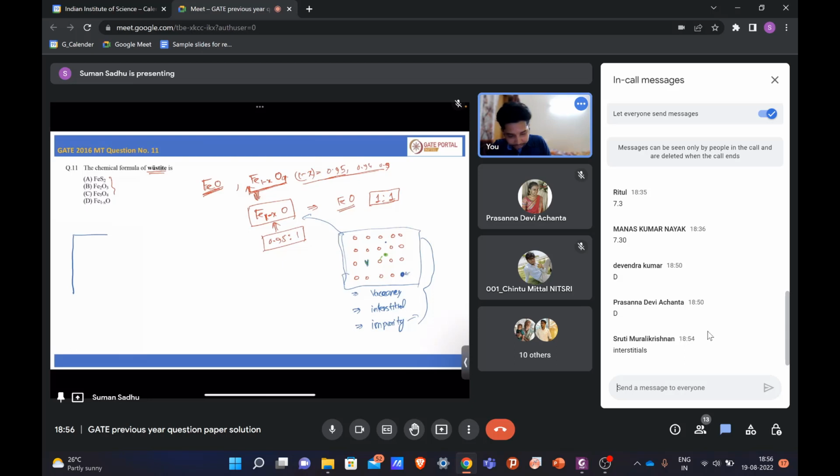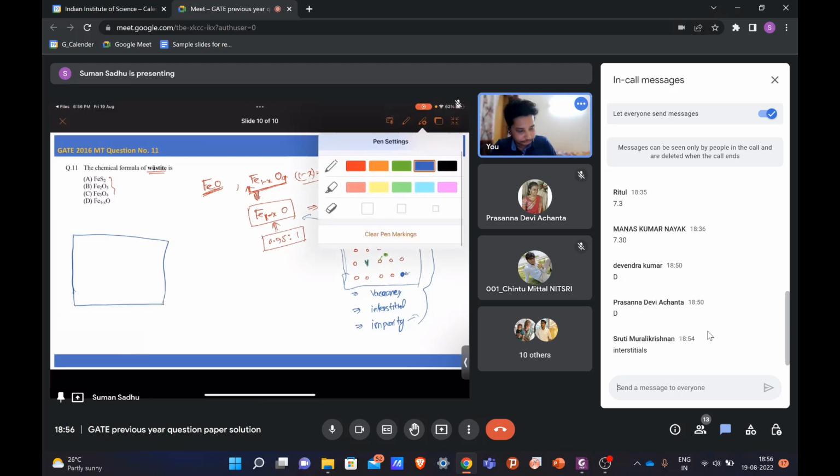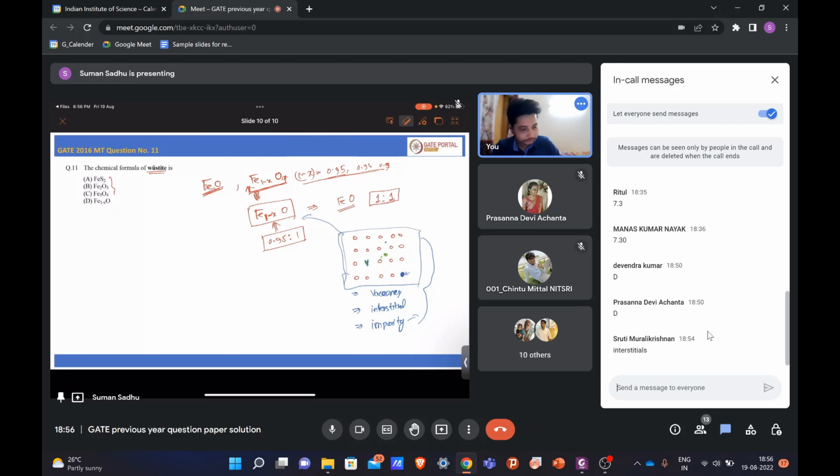So let's say we have this. Better not to put this box. Okay, let's say this is Fe. What is the valency of iron in FeO? Plus 2.